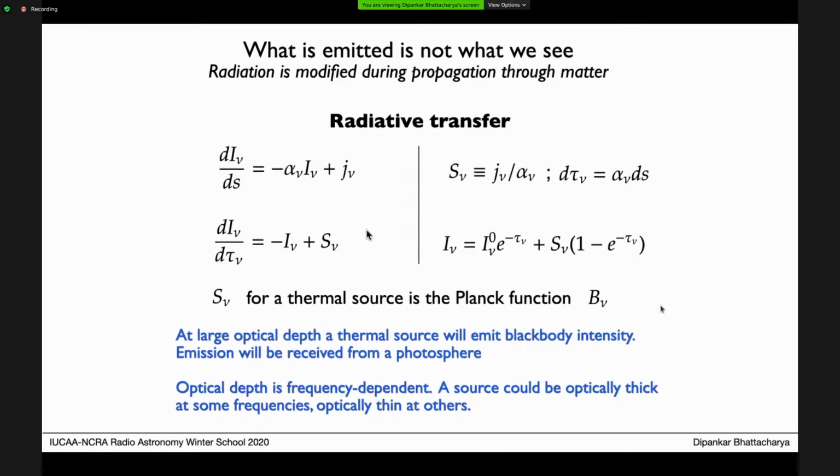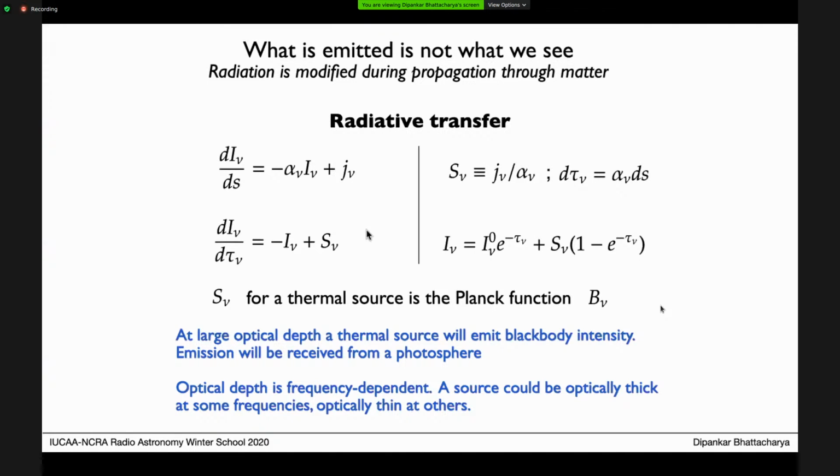Now, when you have a part of a source where there is some bunch of particles which produce an intensity I nu, this intensity then propagates through the rest of the source, as well as through other material which is there between the source and us. This process of propagation changes the character of the radiation. So radiation is modified during propagation through matter.